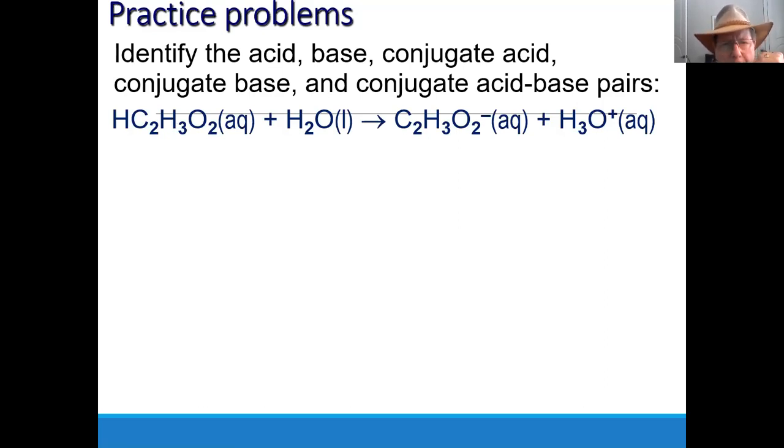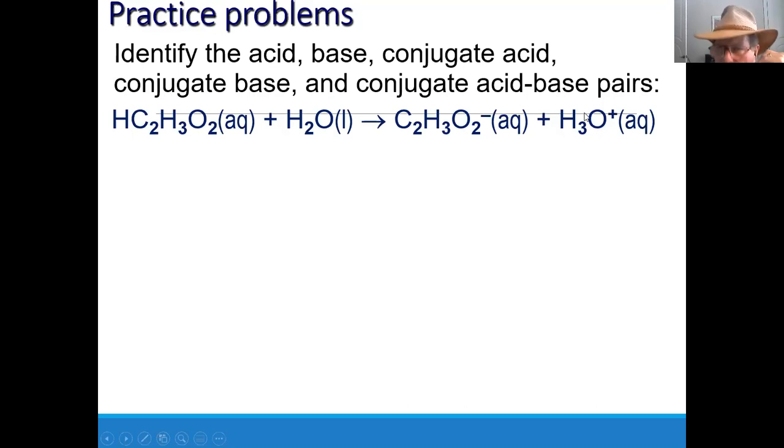A way to determine this is just look at the products. The conjugate base will have all of the elements of the acid except one proton. On the other hand, the conjugate acid is the one that can donate a proton. H3O plus can certainly donate a proton and go back to H2O.